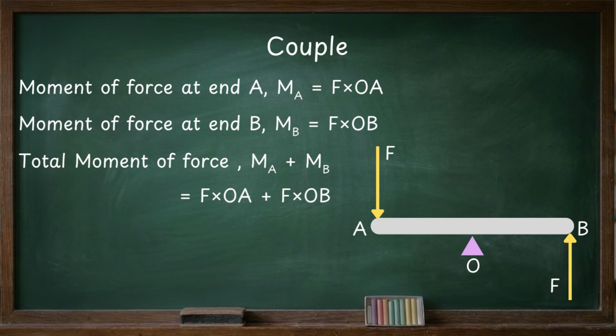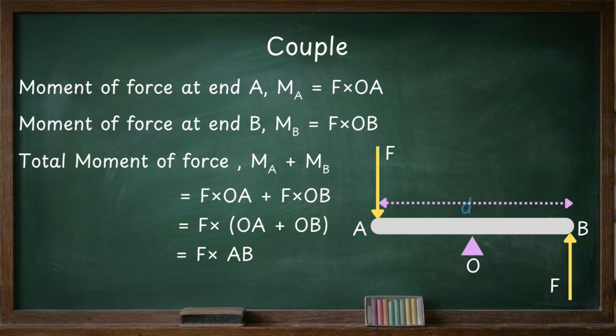By factoring out F, the equation becomes F multiplied by the sum of OA and OB. But looking at the bar, OA plus OB is just the total length of the bar AB. If we call this total distance between the two forces D, then our final formula is simply F multiplied by D. This distance D is a very important term in physics, known as the couple arm.